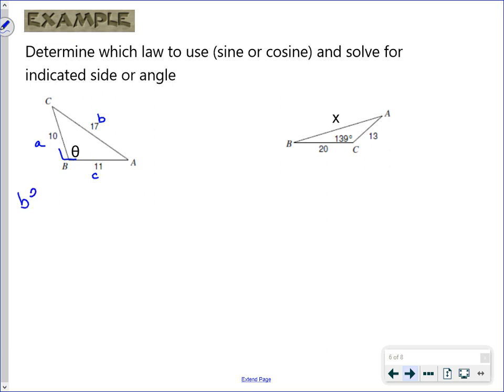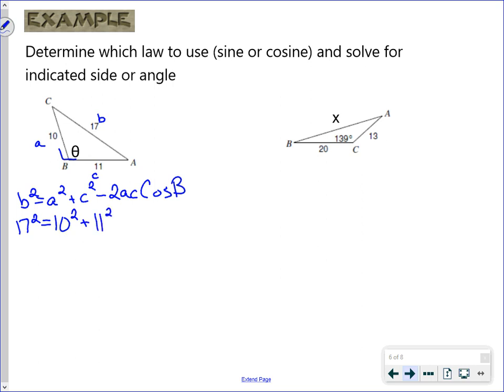So we'll have b squared equals a squared plus c squared minus 2ac times cosine of b. So substitute in what we know. So our b is 17, a is 10, and c is 11.